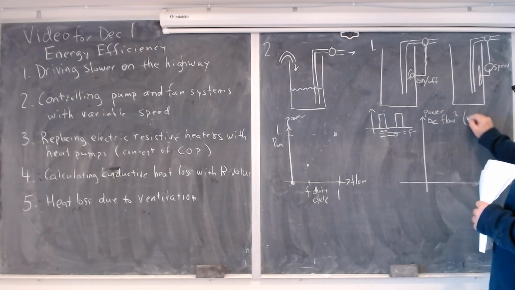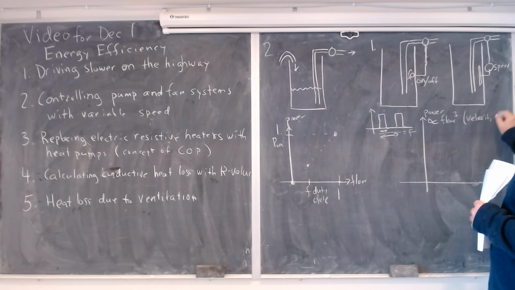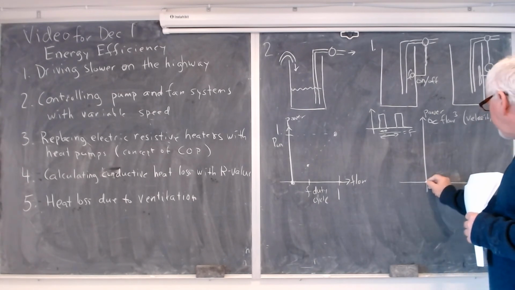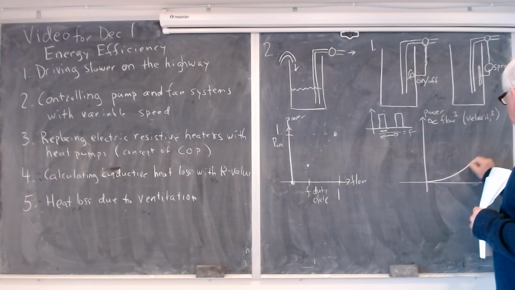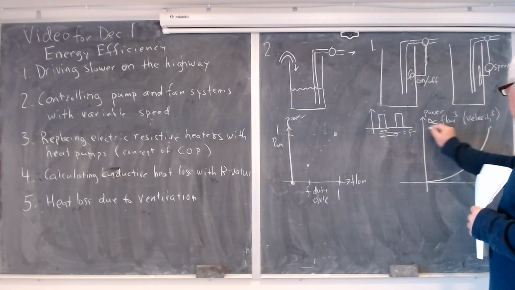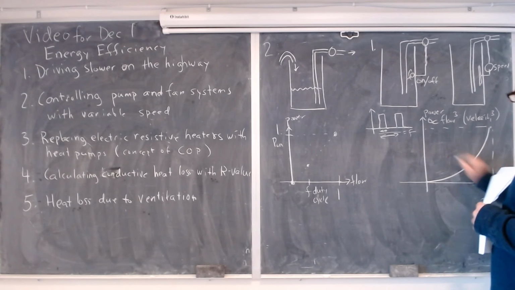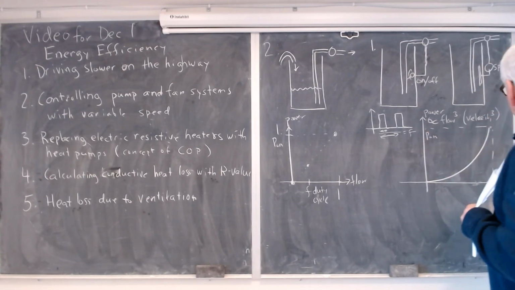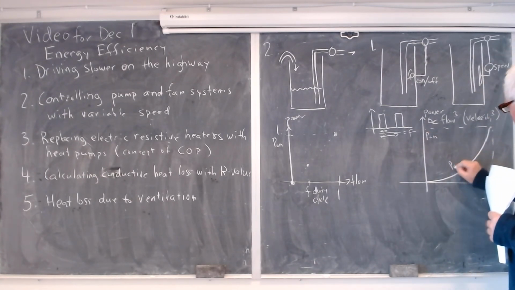Because it's proportional to the velocity cubed. And so it will follow a power versus load curve that goes as P on flow cubed.